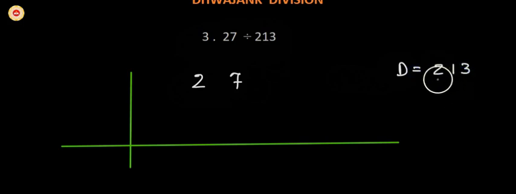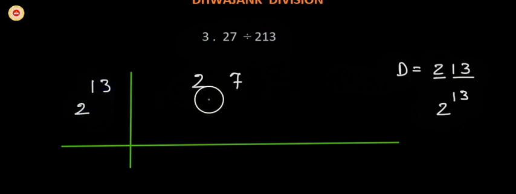Friends, let us bifurcate this divisor in two parts, 2 and 13, where 2 is an actual divisor and 13 is flag. 2 is an actual divisor and two digits 1 and 3, tens place digit 1 and units place digit 3, flag digits. So let us write 2 here and 13 at the level of this dividend.